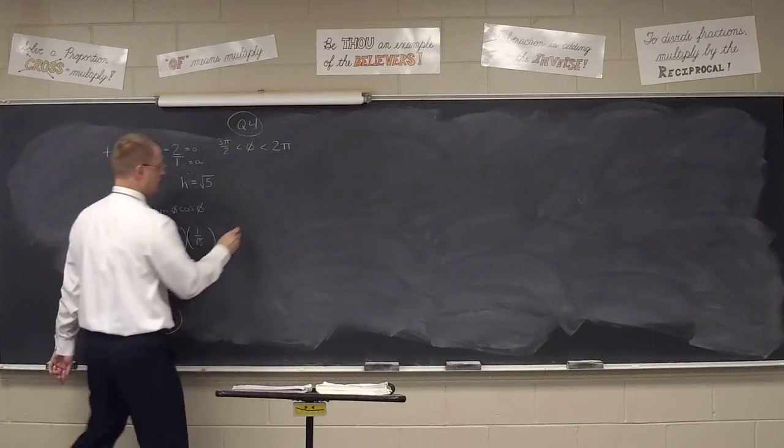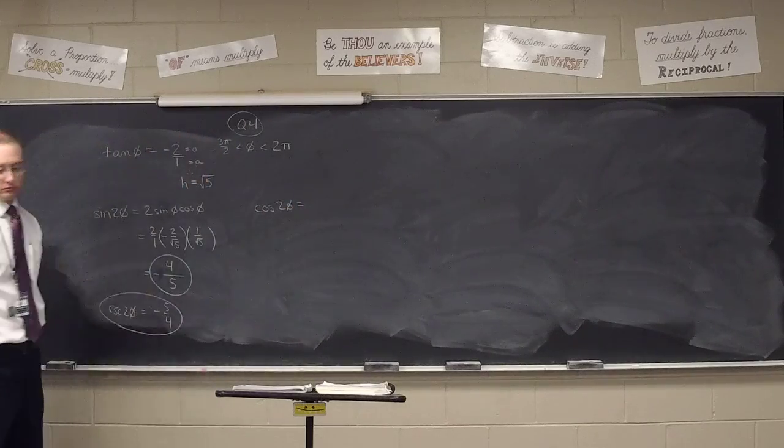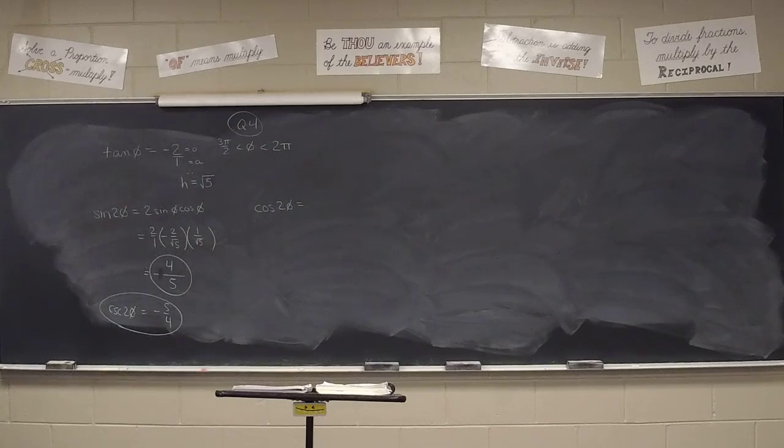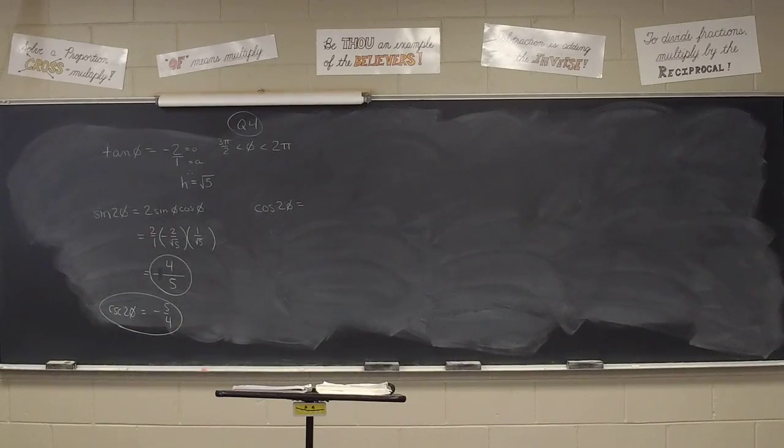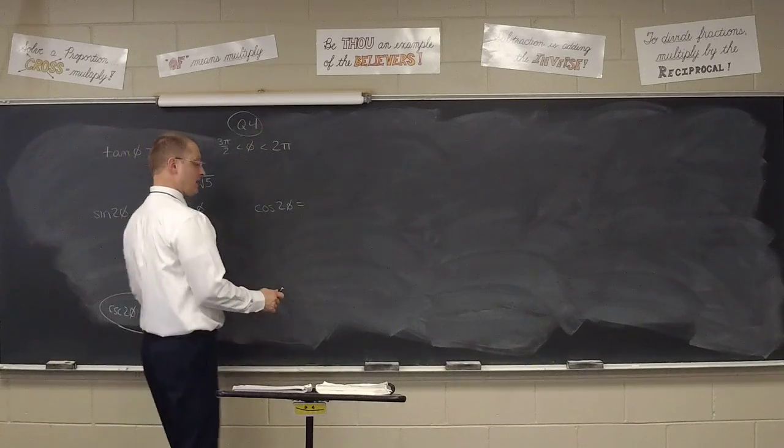At your seats, find the cosine of 2 phi. What do we write for the identity, class?